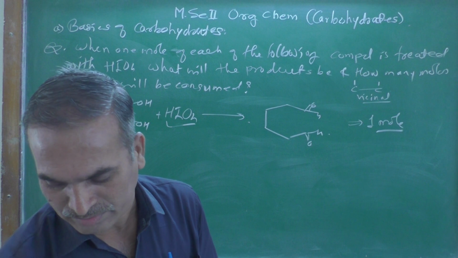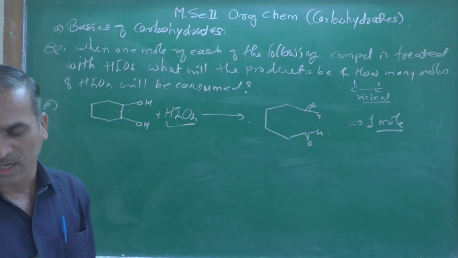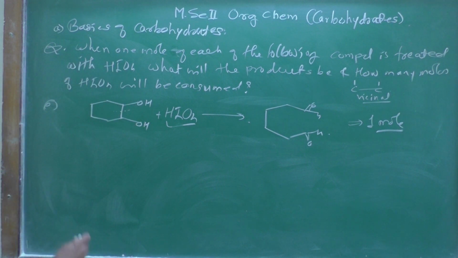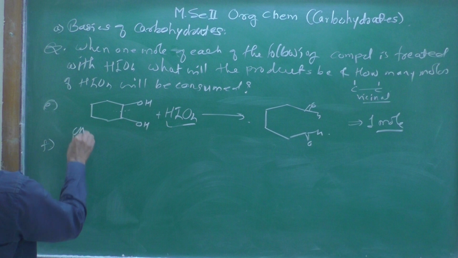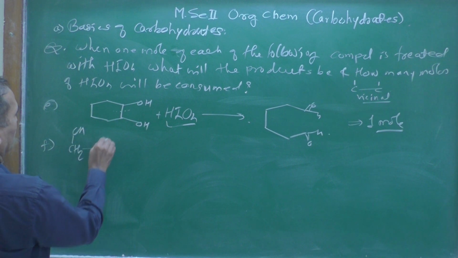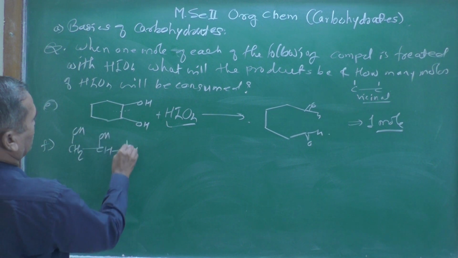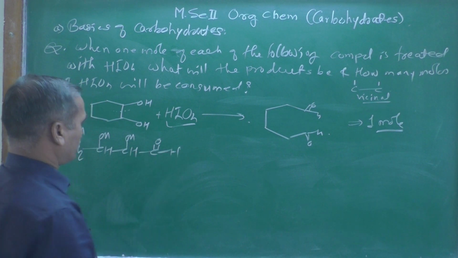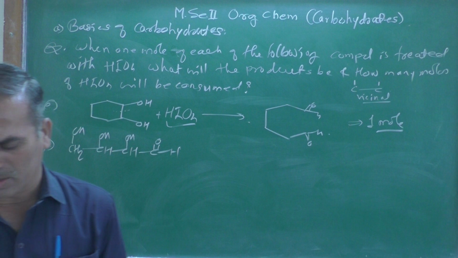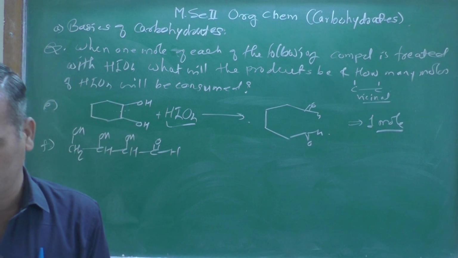Let us see one more example I am writing, that is E, F. CH2OH, then CHOH, then CHOH, then C double bond O, 1, 2, 3, 4, 5.